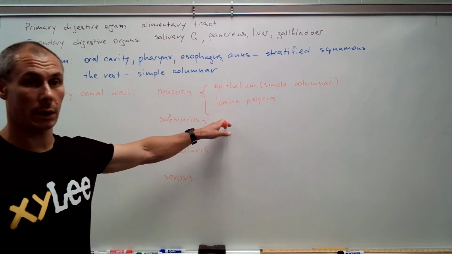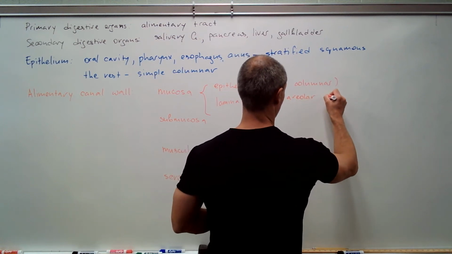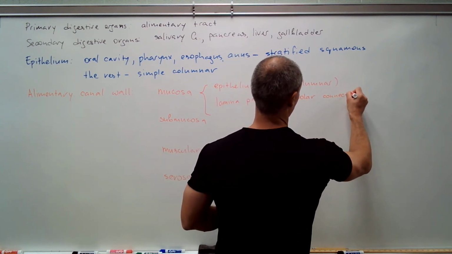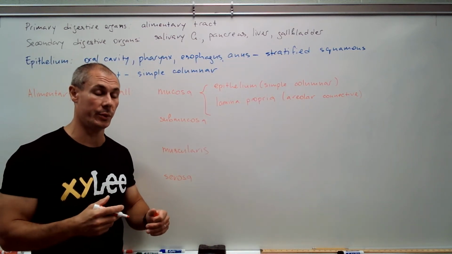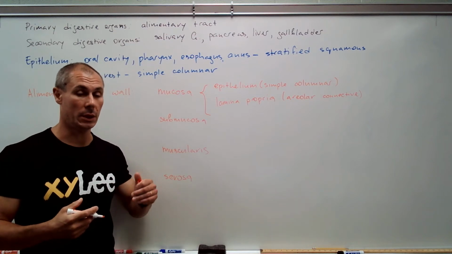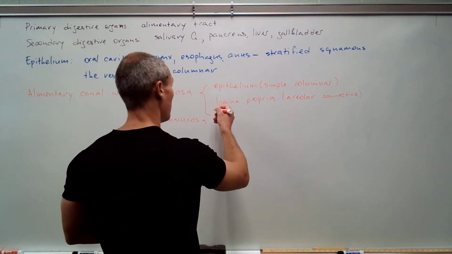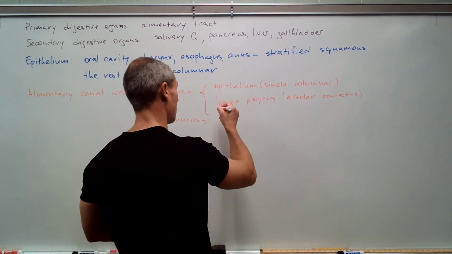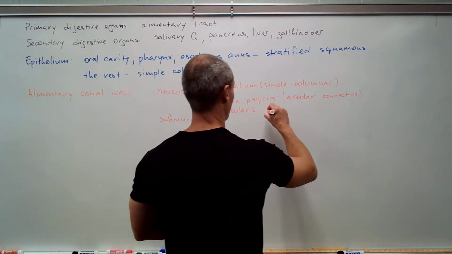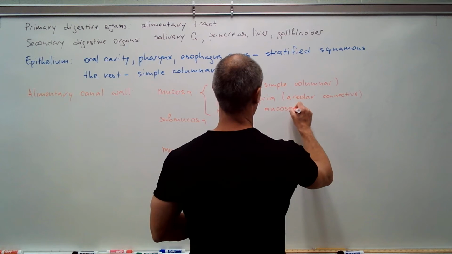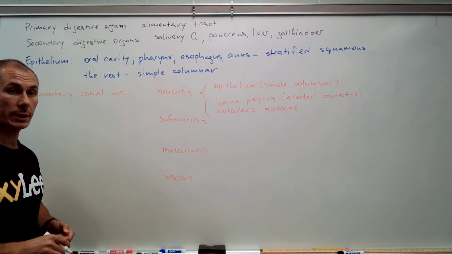Lamina propria is areolar connective tissue, and that's the really important part. Lamina propria contains a lot of immune cells that protect you from any microorganisms that get in from the food. There's also a very thin layer of smooth muscle cells called muscularis mucosae, a little bit of assistance in peristalsis, right?